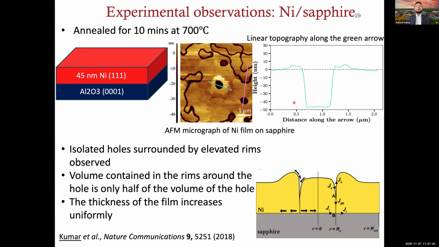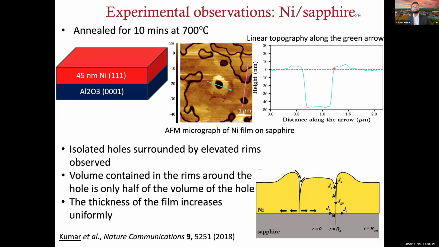And so we had some experimental observations that led us to our findings. In those experiments, they had put nickel on top of sapphire and then annealed the system for about 10 minutes. What they noticed were these through thickness holes beginning to form, and you would have a lot of nickel being deposited around the rims.